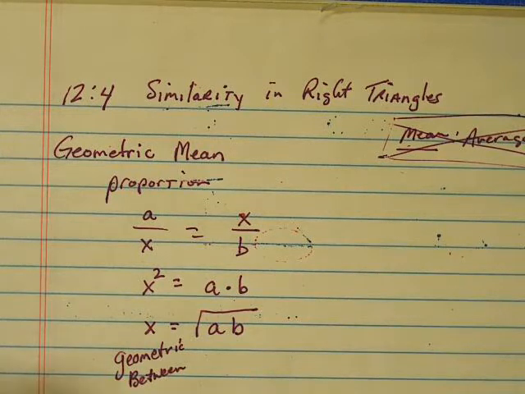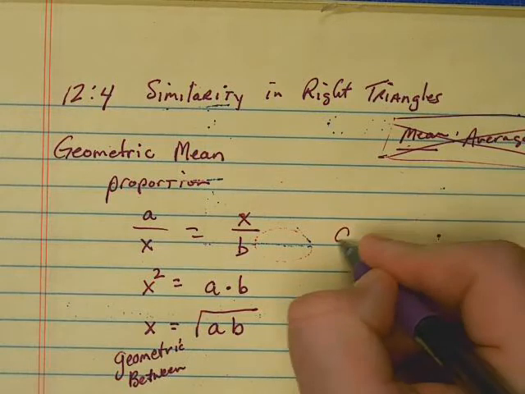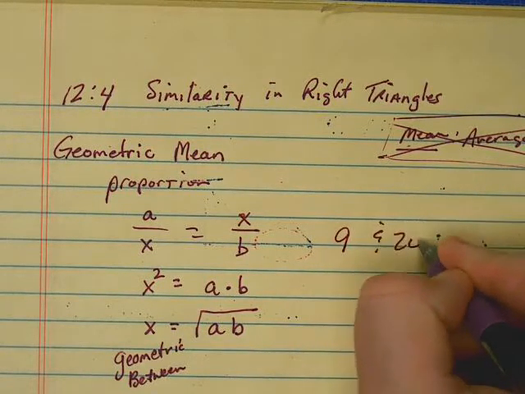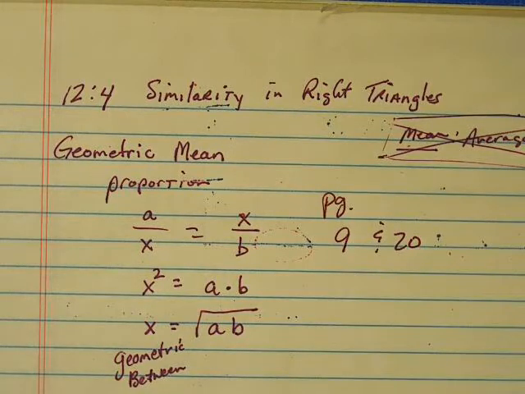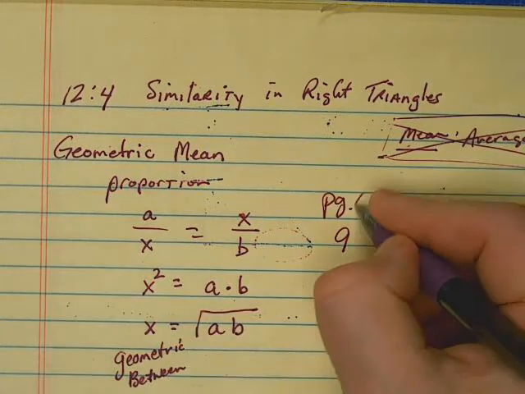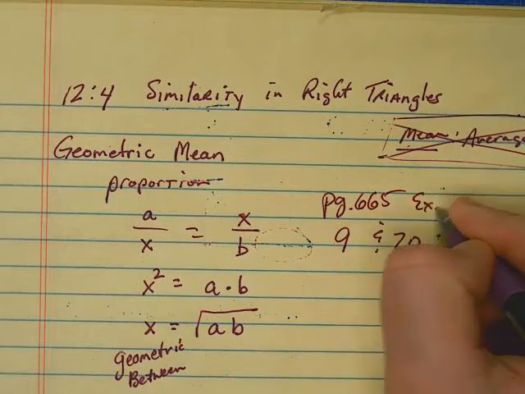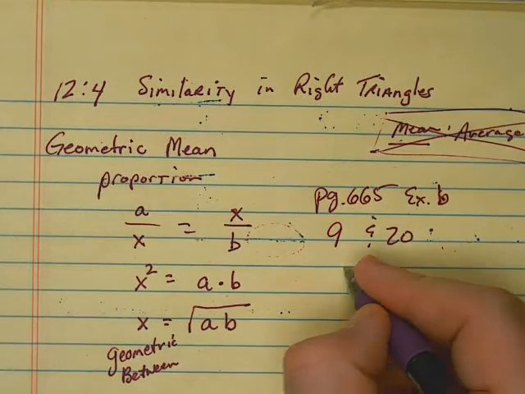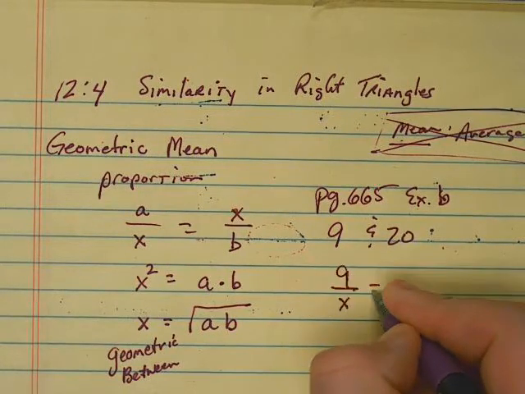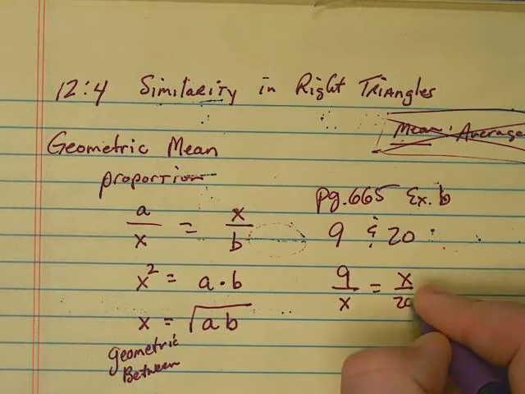All right, let's take a look at an example. Let's say we want to find the geometric mean between 9 and 20. We are on page 665, and this is example B. Between 9 and 20, it means 9 is to x as x is to 20.